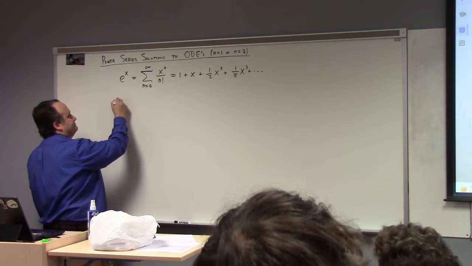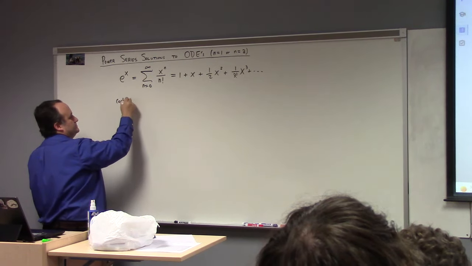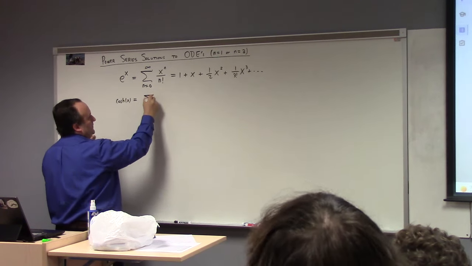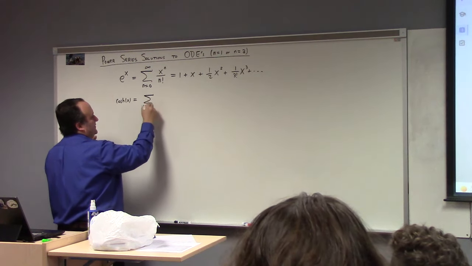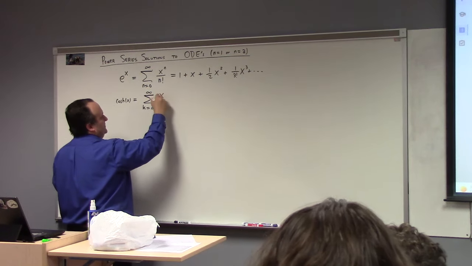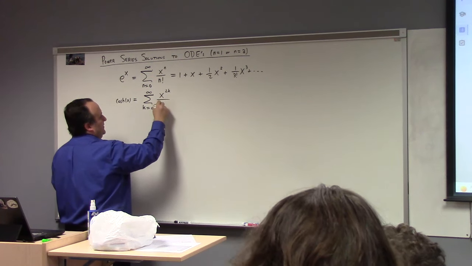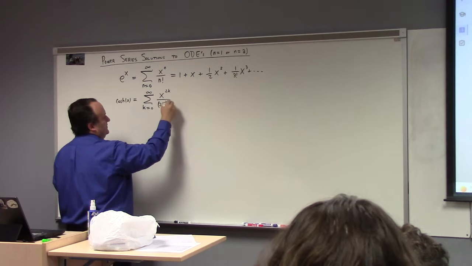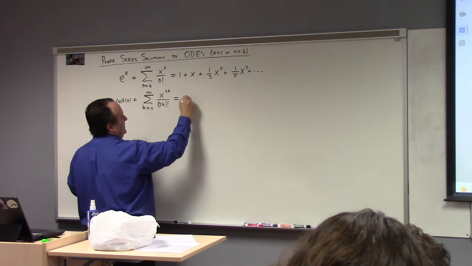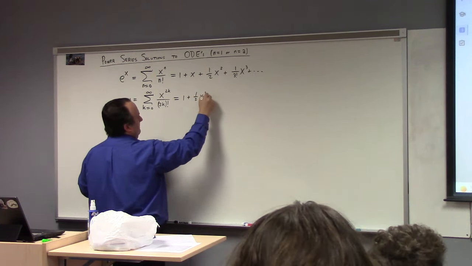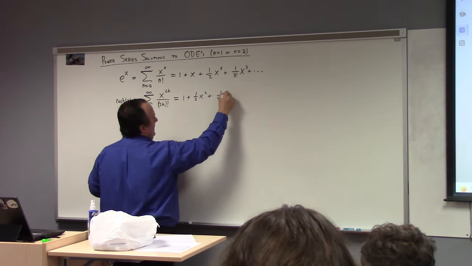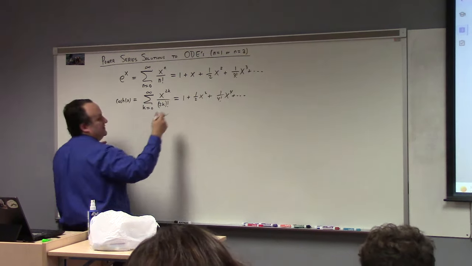Cosh and sinh are what? We could say sum k equals 0 to infinity of x to the 2k divided by 2k factorial. So what that is, you know, the even terms in the series above, right?